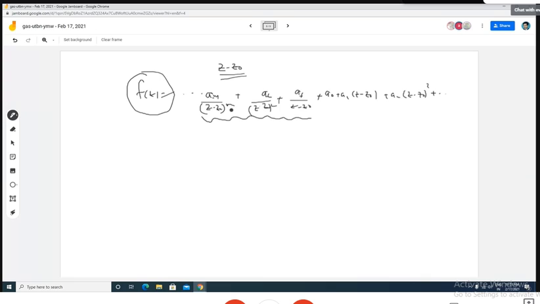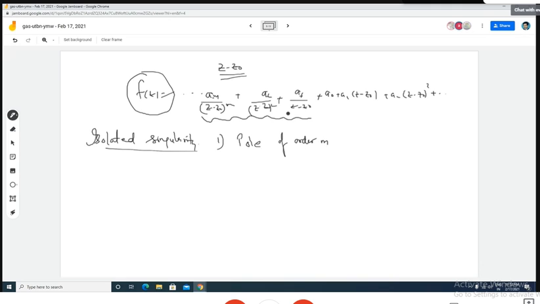Now there is also a classification of these isolated singularities. The first kind is if your function has only finitely many terms in the principal part, say m terms, then you say the function has a pole of order m.